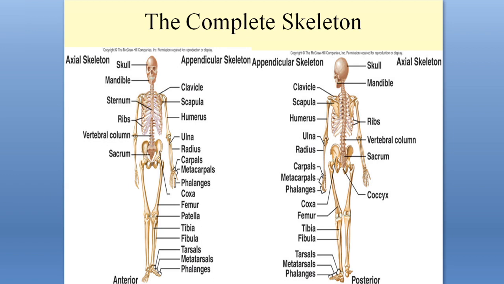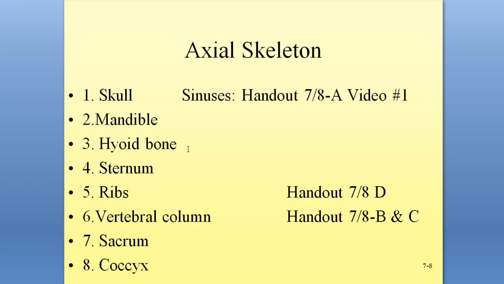Now, what we're going to do with our handouts is I am just going to focus on a few things with our axial skeleton for chapter 7 and a few things with our appendicular skeleton, chapter 8, that we didn't really talk about in lab.